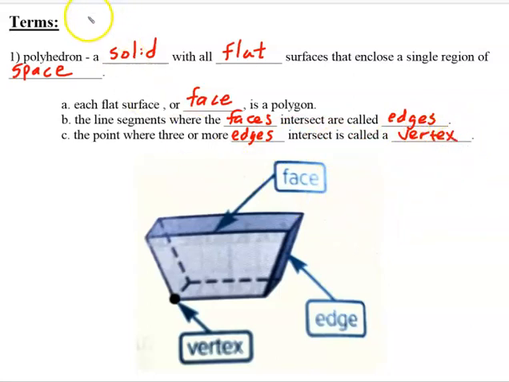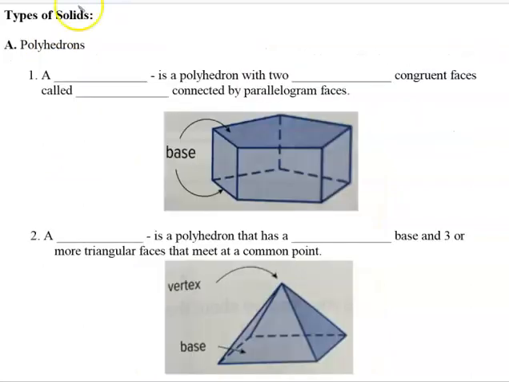All right, now that we know what a polyhedron is, let's look at a couple of examples of shapes that qualify as polyhedra. One of these you can see the picture of is called a prism. A prism is a polyhedron with two parallel congruent faces called bases.